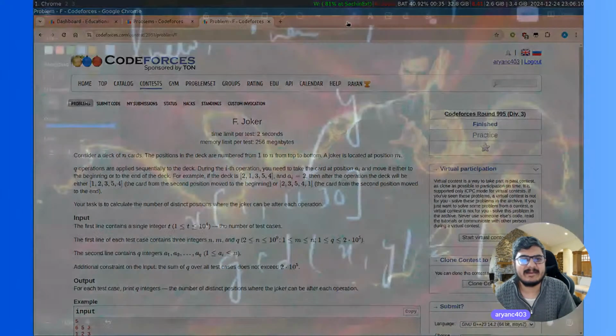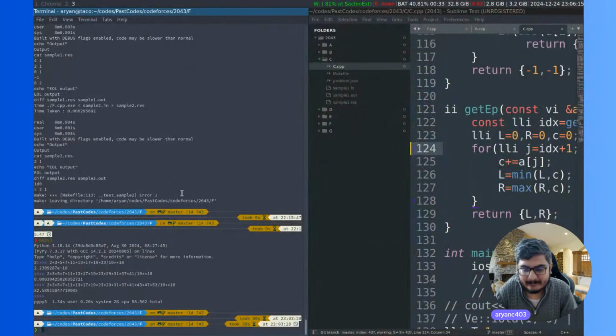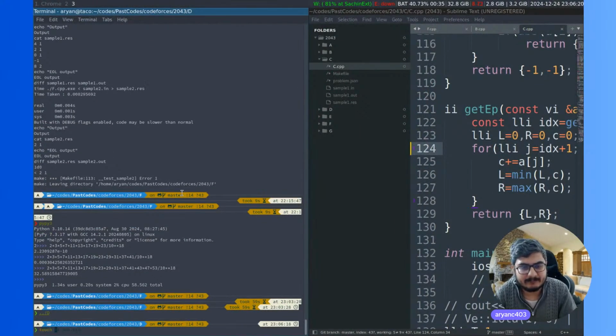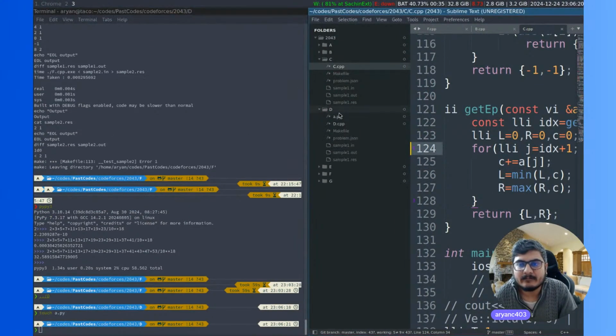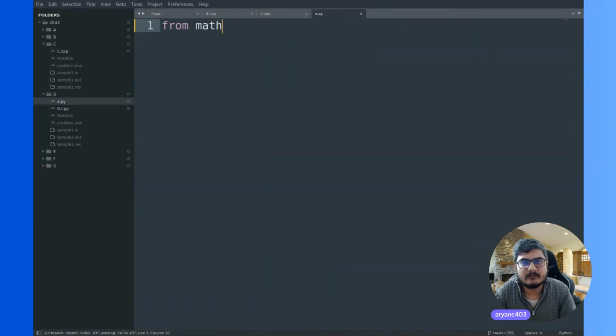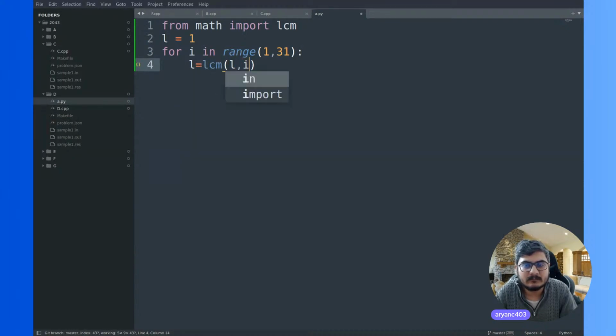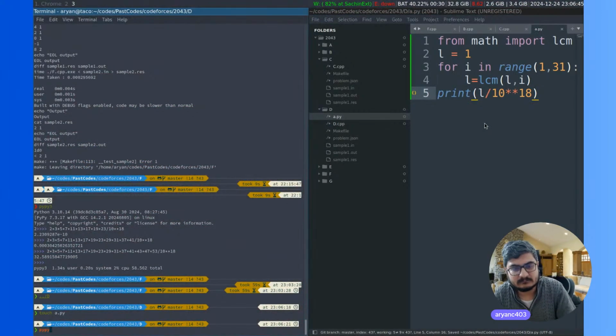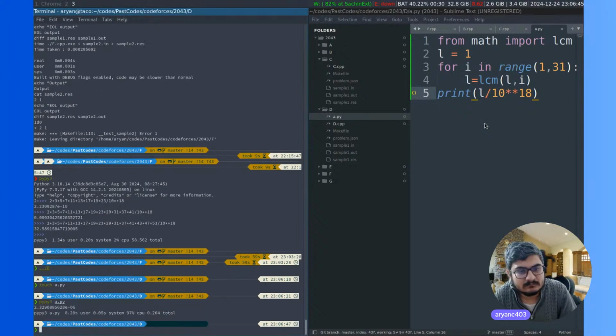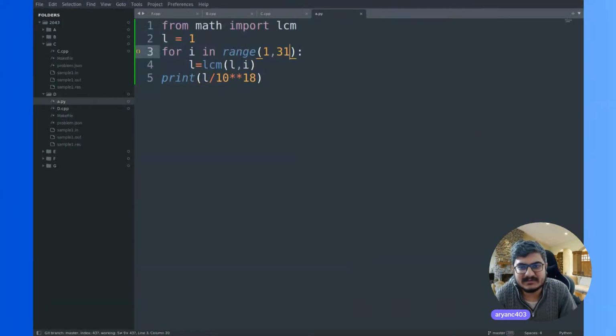Okay, I can just write Python code to check it. Okay, the first 30 does not work.